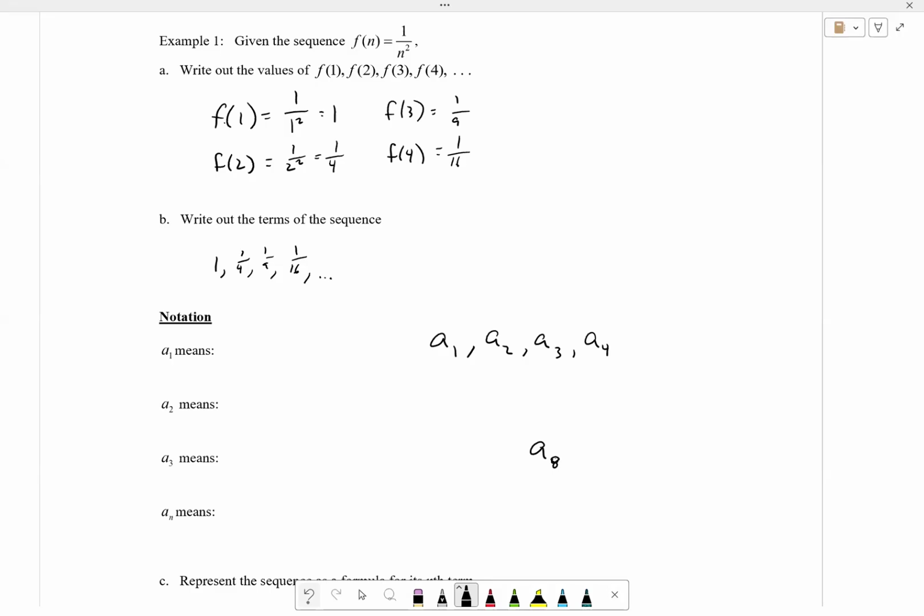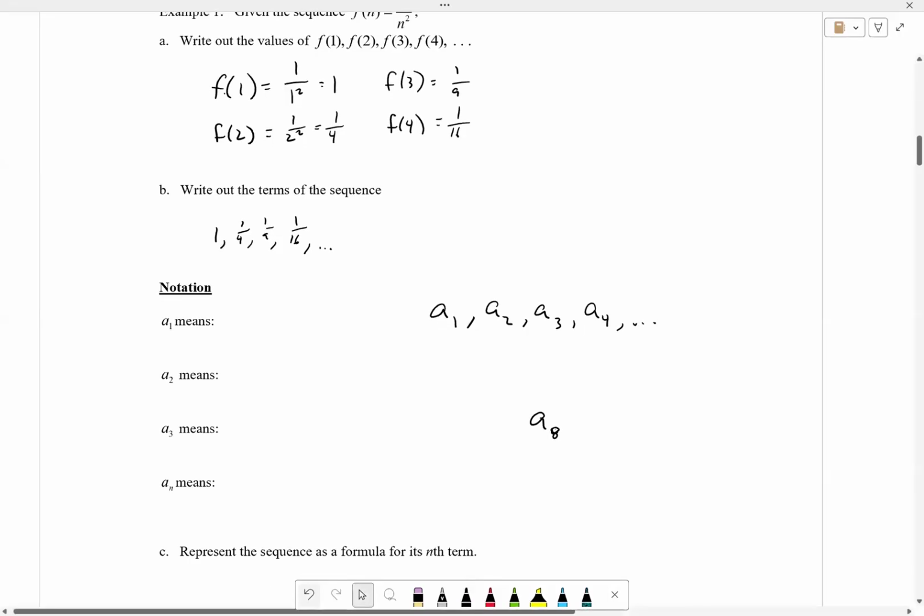The 8th term in a sequence. This is just the terms of a sequence. That's how we denote them often. The 8th term of the sequence.